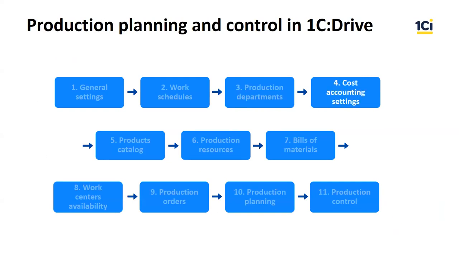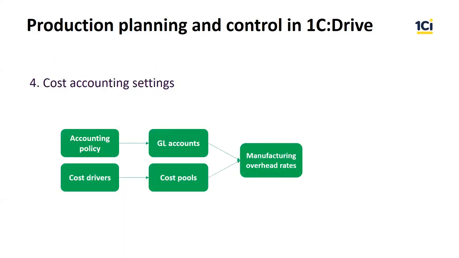And the next step is cost accounting settings. You might ask a valid question: why do we need cost accounting settings when we talk about production planning and control? The thing is that in OneSeeDrive, we plan operations with the help of work in progress documents.